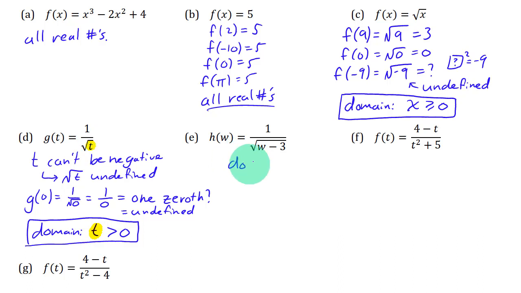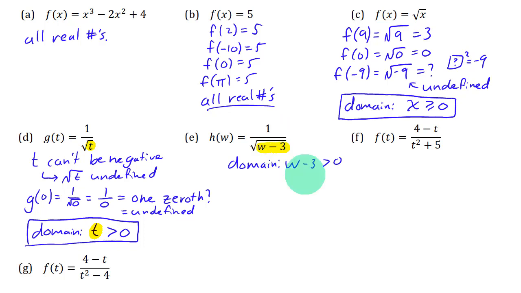So I could just write the domain as w minus 3 is greater than 0. Because whatever values of w make w minus 3 greater than 0 will let you take the square root of that positive number and then divide by that result.